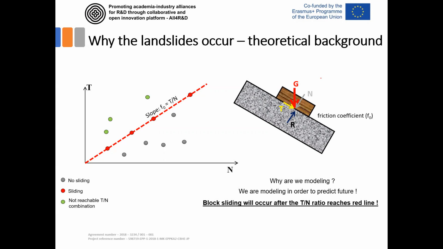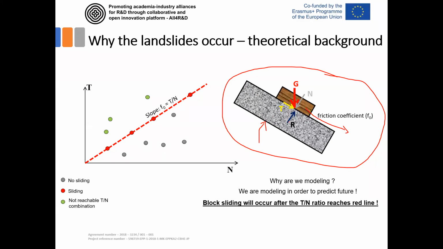What can be used as an elementary concept is the very simple principles from mechanics of materials. You have a wooden block lying on a concrete block, and then you increase the slope of this concrete block, and at one moment, of course, you will have sliding of this wooden block.